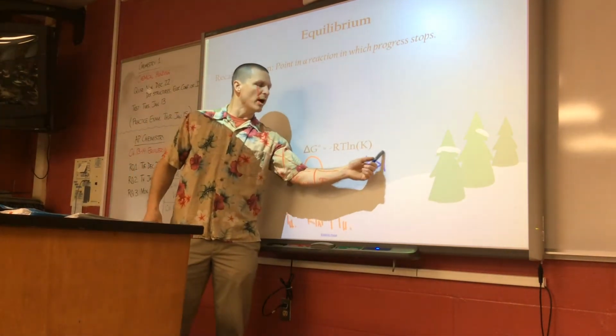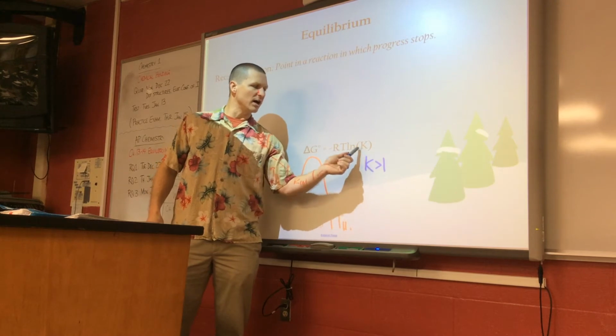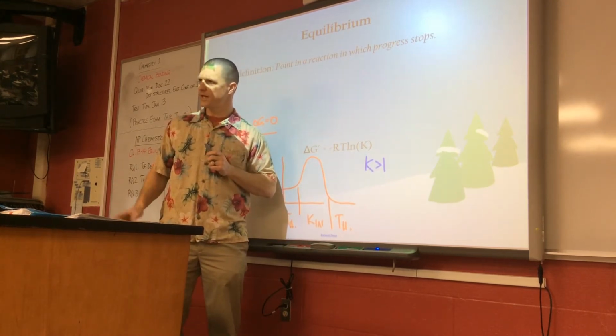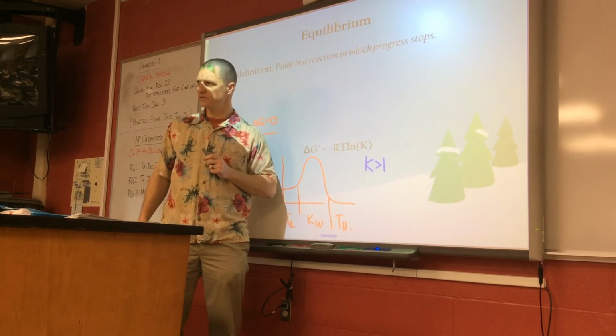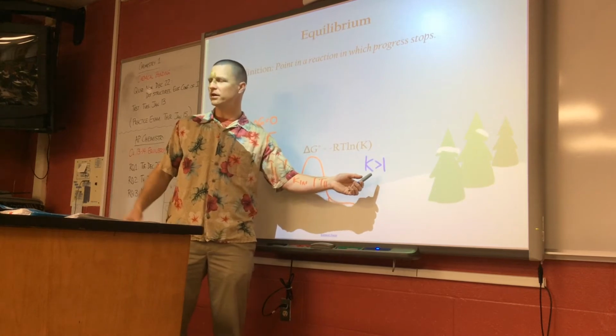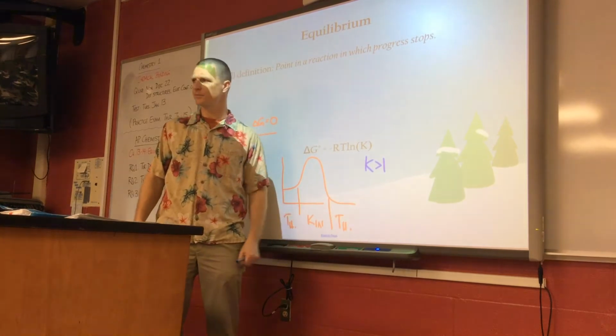Now, what would the natural log of K be if it was greater than 1? Positive or negative? Always? So if K is 1.01, do it on your calculator. What's the natural log of 1.01?